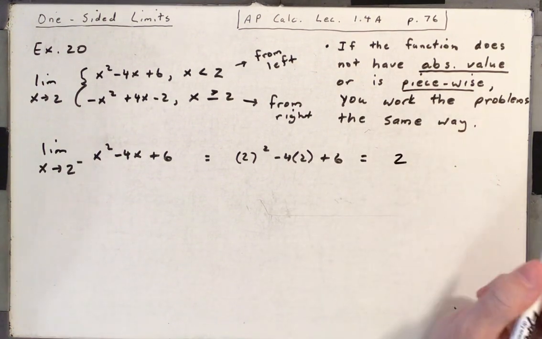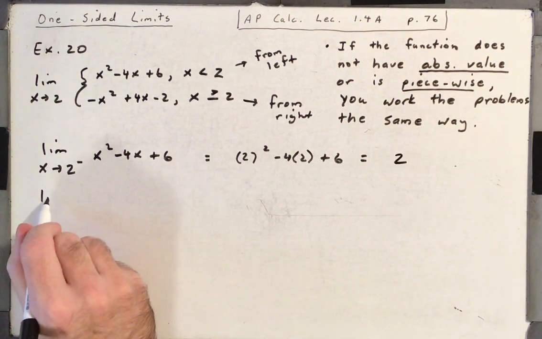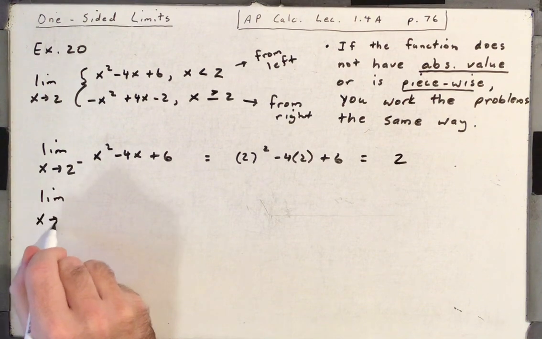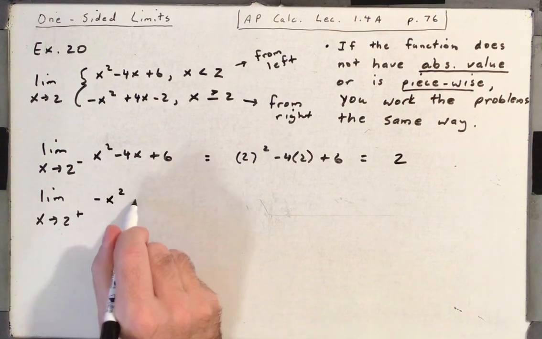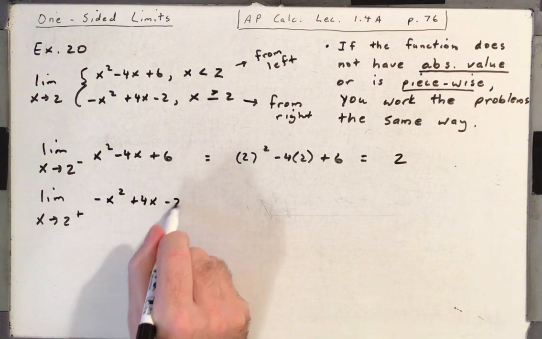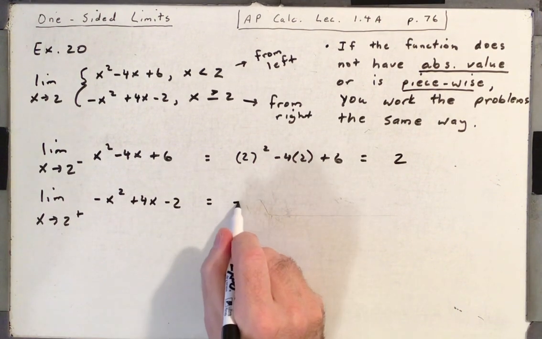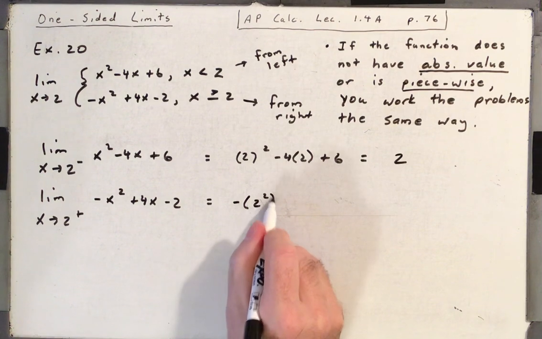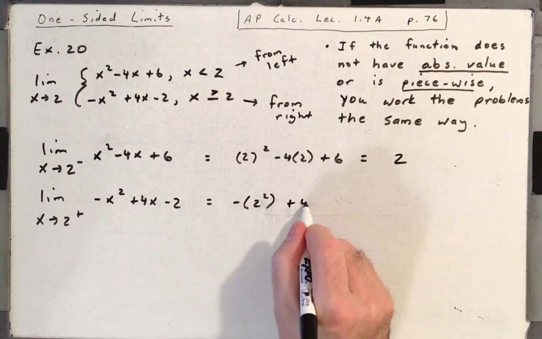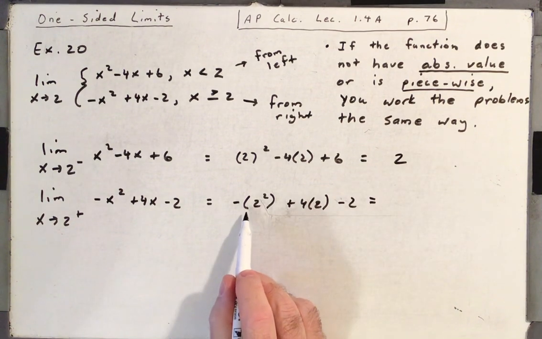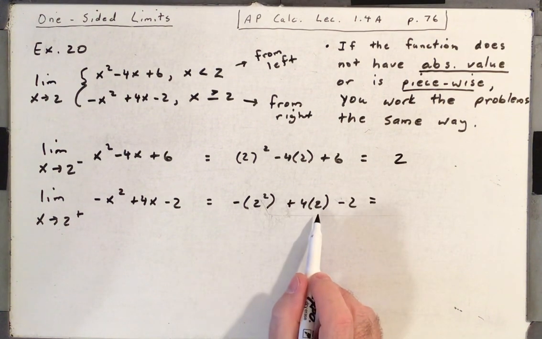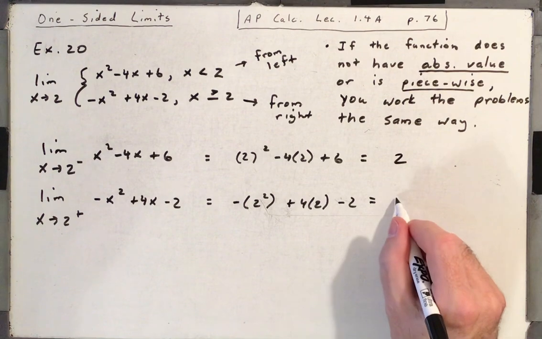So that is 2. And then we'll take the limit as x approaches 2 from the right. And our equation is negative x squared plus 4x minus 2. So that'd be negative 2 squared plus 4 times 2 minus 2. That's going to be negative 4 plus 8. That's 4 minus 2, which is 2.